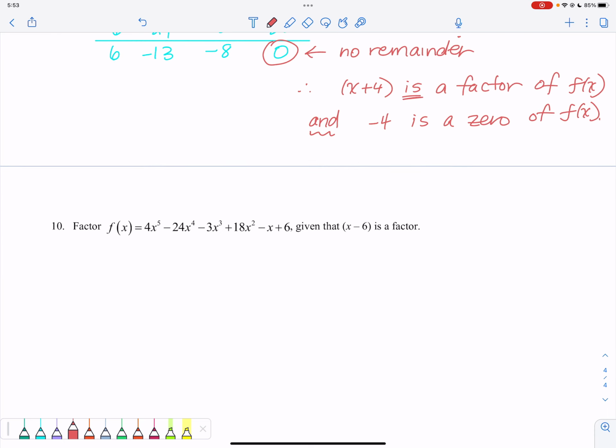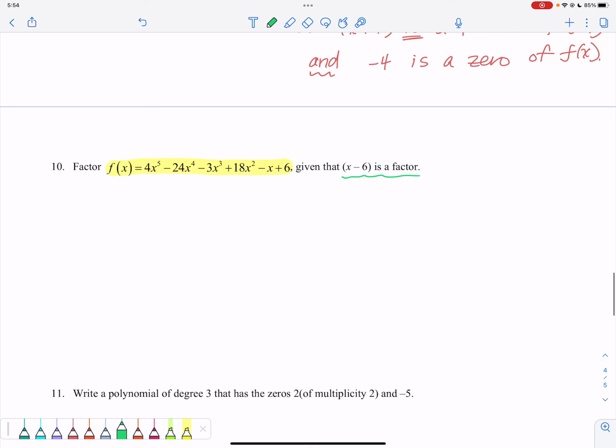We are going to factor this function given that x minus 6 is known to be a factor. So let's do synthetic division, and let's talk about this real quick. If x minus 6 is a factor, then 6 is a 0. So it's really important to know that 6 is going to be a 0, so we already know we're going to have a remainder of 0.